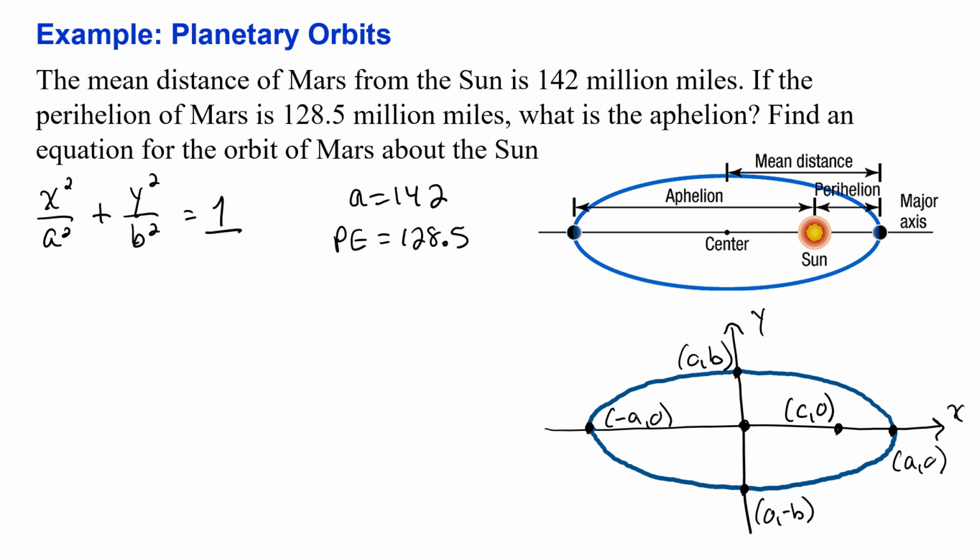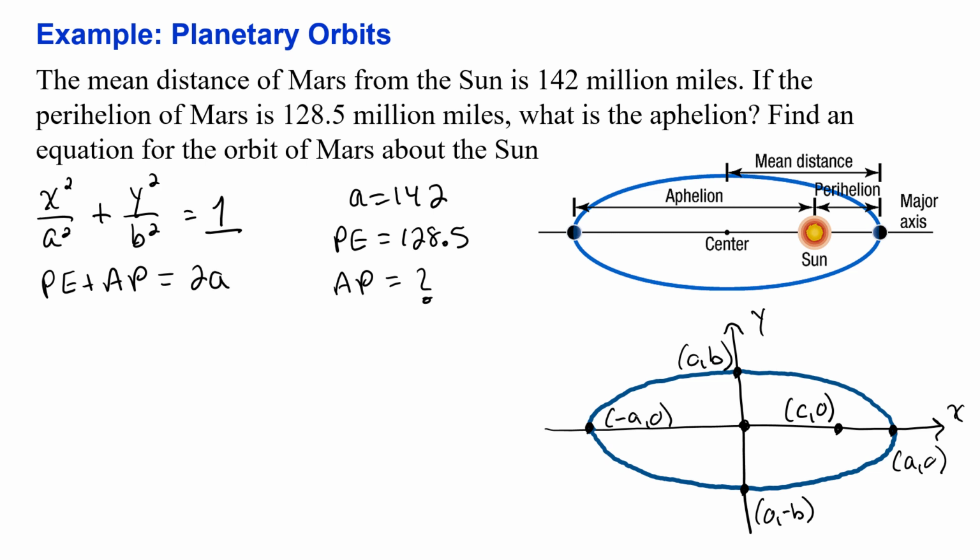And we are being asked to find the aphelion. I will denote this symbolically as AP equals question mark, just reminding ourselves we are looking for the distance of the aphelion. Now the sum of the aphelion and perihelion is the length of the major axis. We can write this as an equation: PE plus AP is equal to 2a.